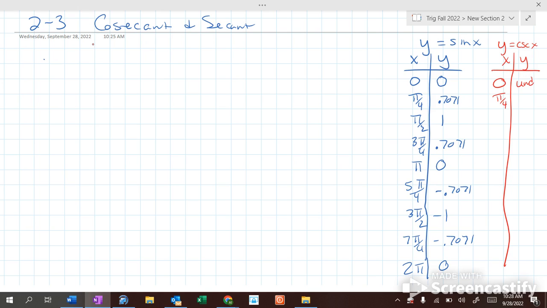What's 1 divided by 0.7071 approximately? Somebody calculate that. 1 divided by 0.7071. Glad all of you have your calculators in your hand doing this to help me out.